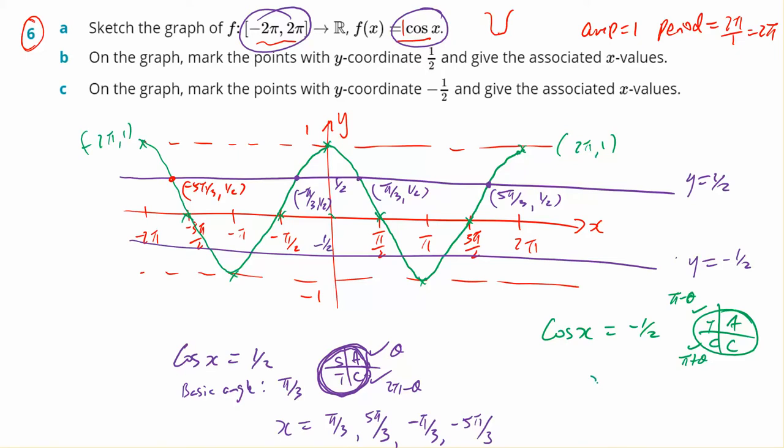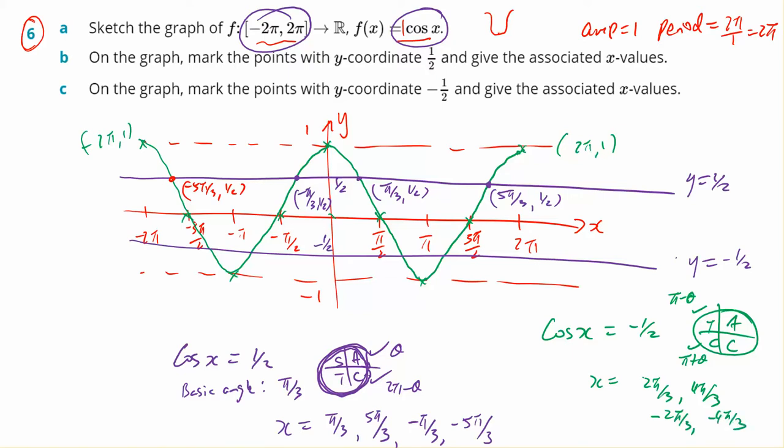So my solutions would be 2 pi on 3 and 4 pi on 3. Okay, and to get my other solutions, I subtract 2 pi. So you should know that you get negative versions of the solution. So this will be negative 2 pi on 3 and negative 4 pi on 3.